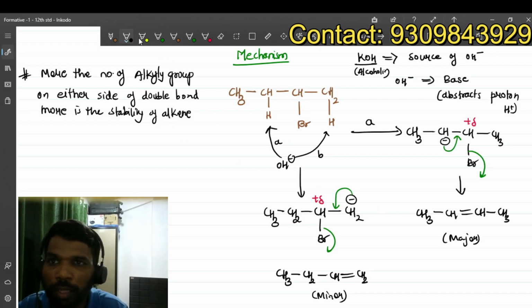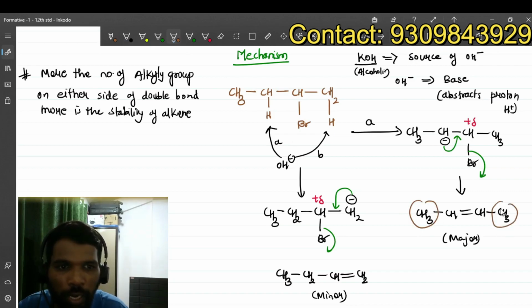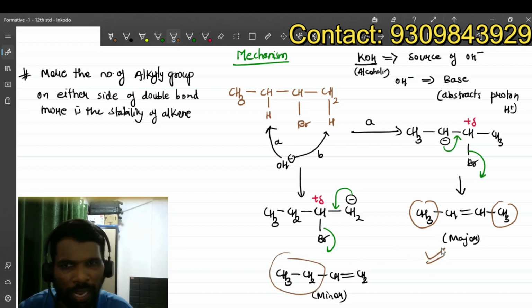Like if you see, there are two alkyl groups, this is one methyl, and this is just, there are two methyl groups. Here there is just one alkyl group, bigger. Although it is bigger, but it is just one. Here it is two. So this is more stable. Like this will be based on hyperconjugation. This rule is there, this is called the Saytzeff rule. Okay, so you get the more substituted alkene, that is what you are going to get. So this is the major product.